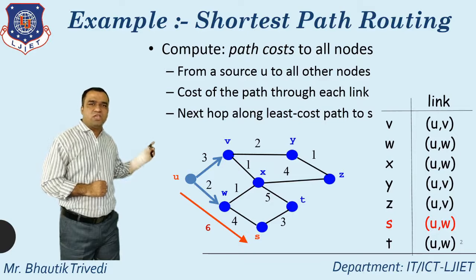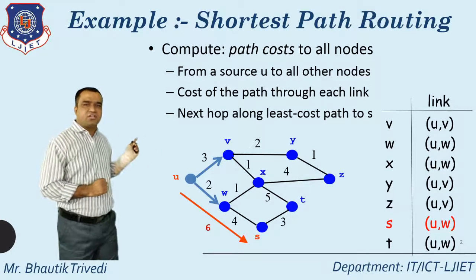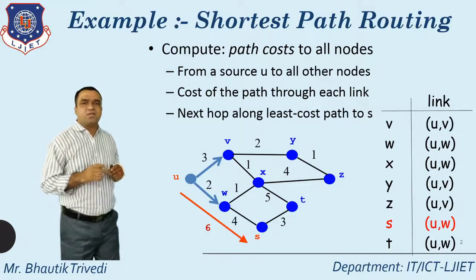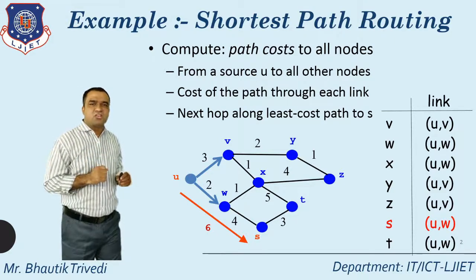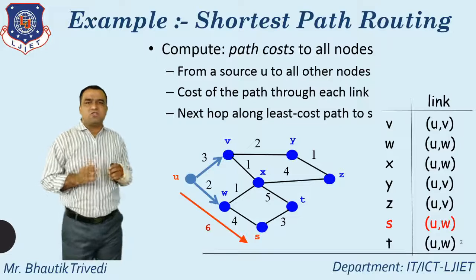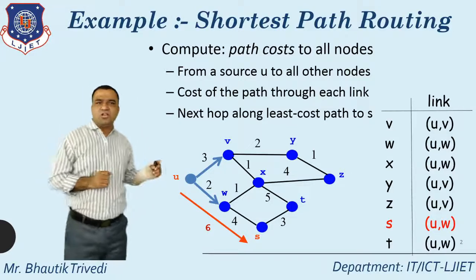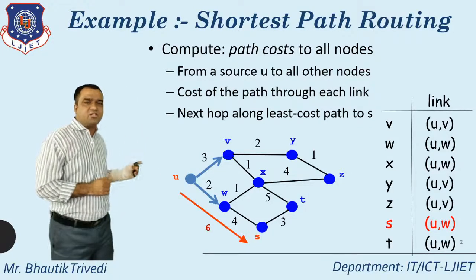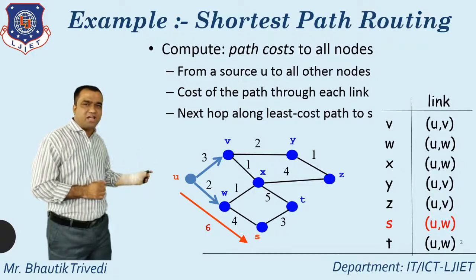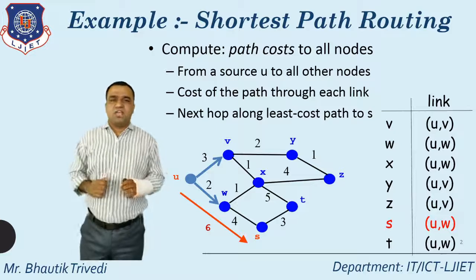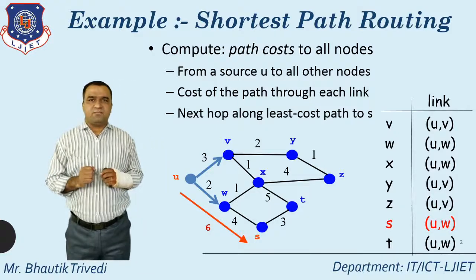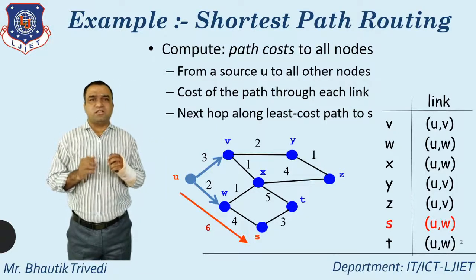U to V, V to X, X to T and T to S. But that measures 3 plus 1 plus 5 plus 3, so that is 12. Which one is the least cost? So U to S, that's the least cost. The path is U to W and W to S. This is the way you can calculate for shortest path routing.